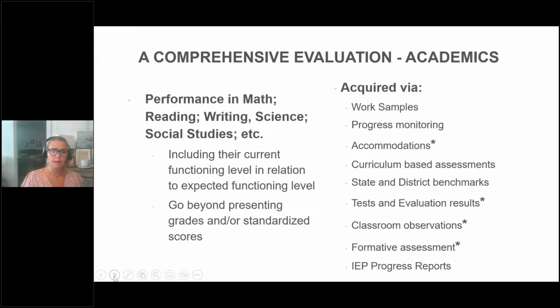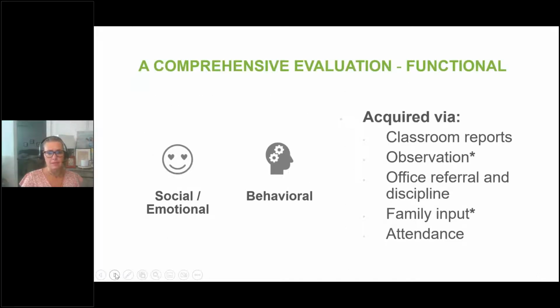So again, pulling in these additional data points regarding work samples, progress monitoring, looking at, again, the classroom observations, any formative assessment results that's been done, IEP progress reports, curriculum-based measures, et cetera. So we're going to pull all of that data in to conduct that comprehensive evaluation in the area of academics.